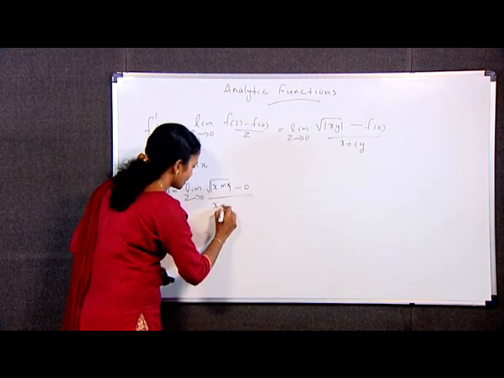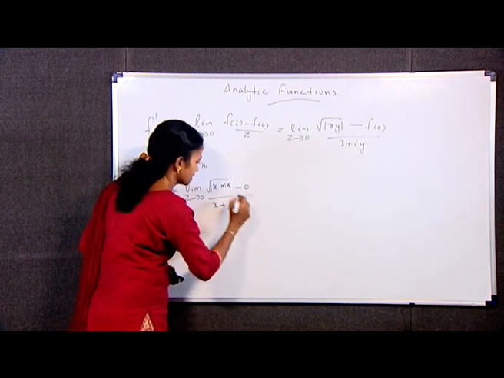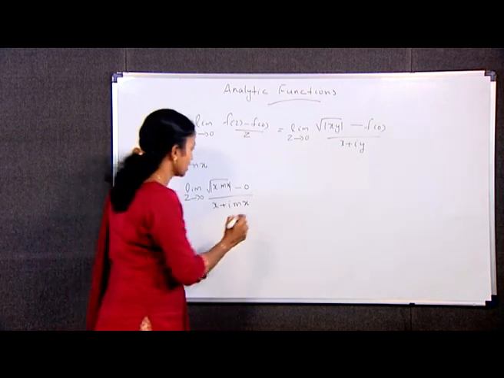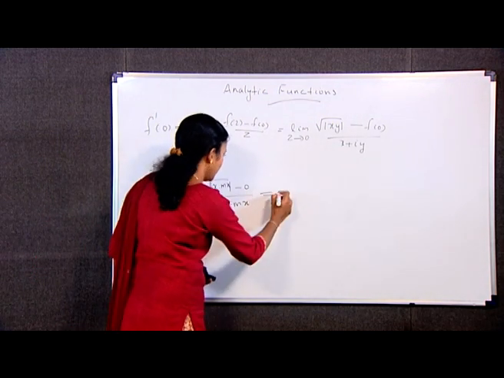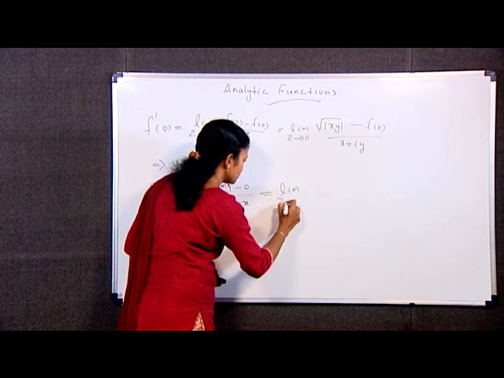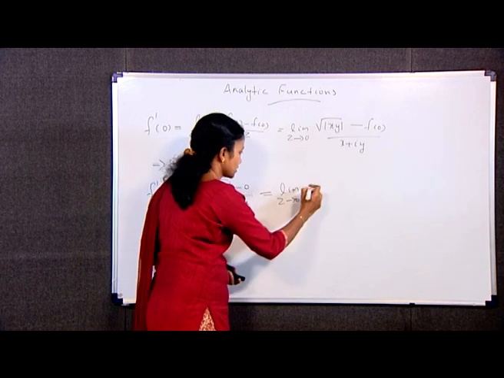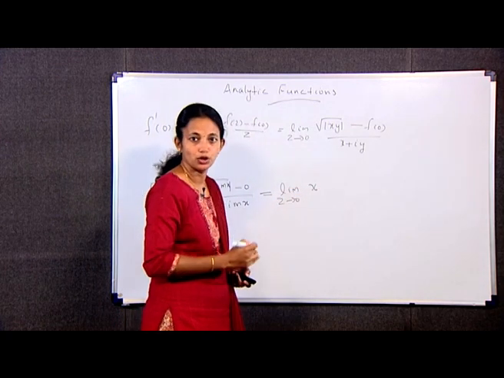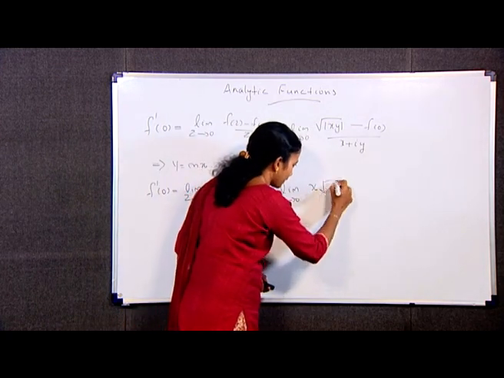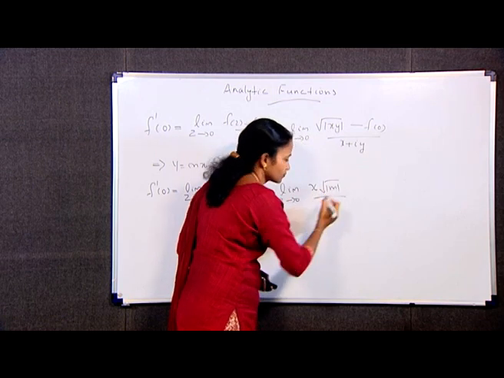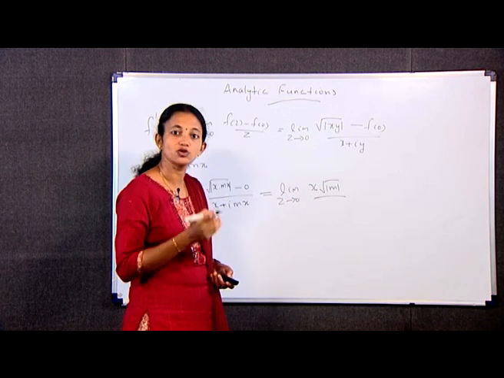Instead of y, I can write x plus i into mx, which is equal to the limit as z tends to 0. I can take x outside: x into the square root of mod m, divided by x into 1 plus im.